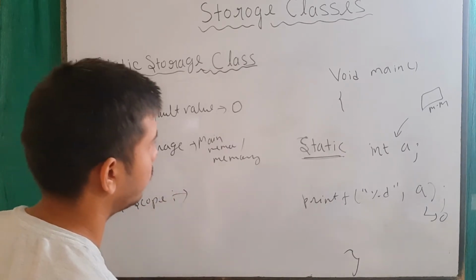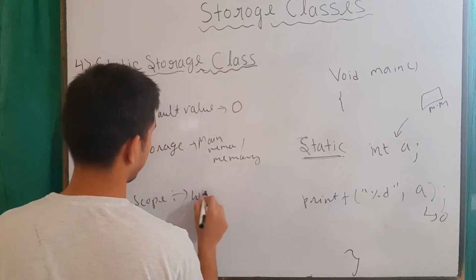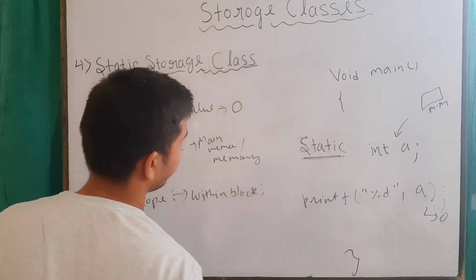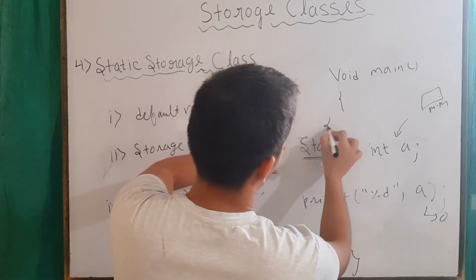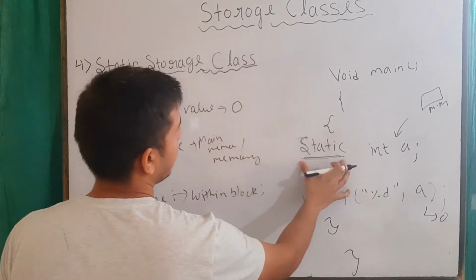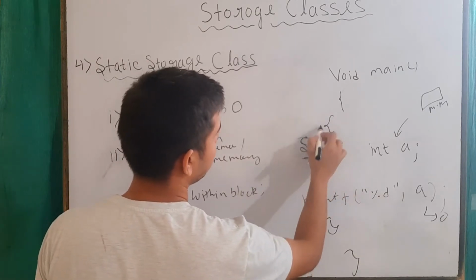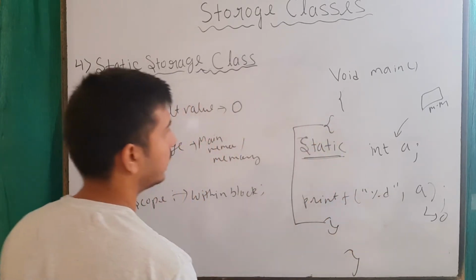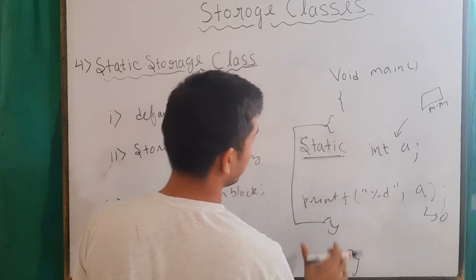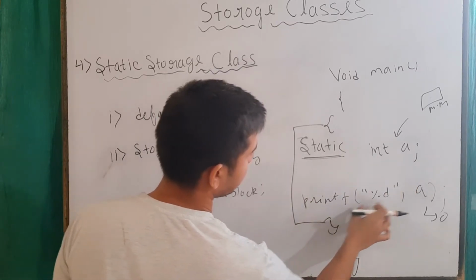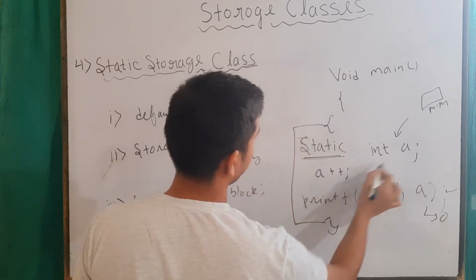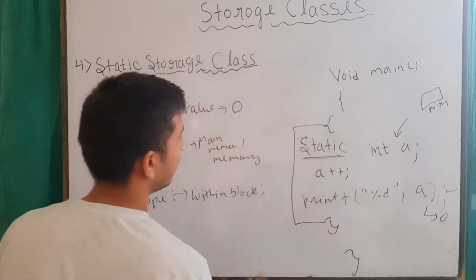The scope is within the block. What does it mean? Let's say I am using another pair of curly braces, and this static variable is defined inside this block. It means that this variable will be accessible only within this block. So right now, if I try to access it here, it will be fine, and if I try to perform any operation on this variable, it will be fine.